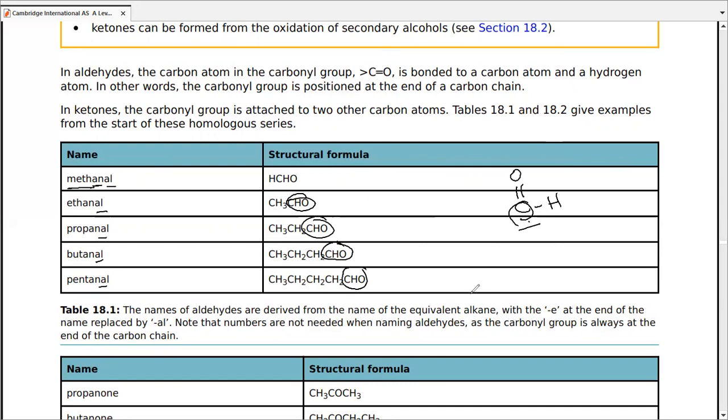one side of the chain. So take a look in this numbering, this is number one, in this numbering, this is one, this is two, in this numbering, this is one, two, three, in this numbering, this is one, two, three, four. But since it's every time one, we're not supposed to put it over here. So you won't see butane 1-al. That you won't see.